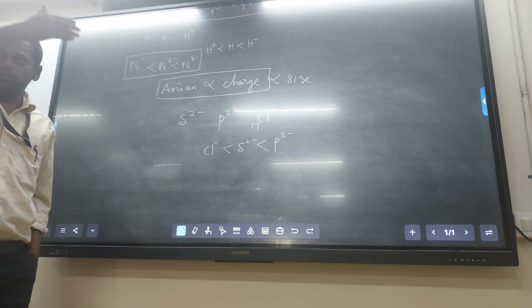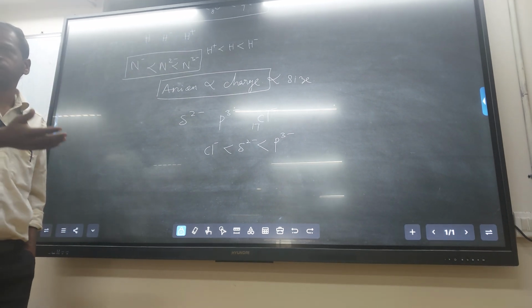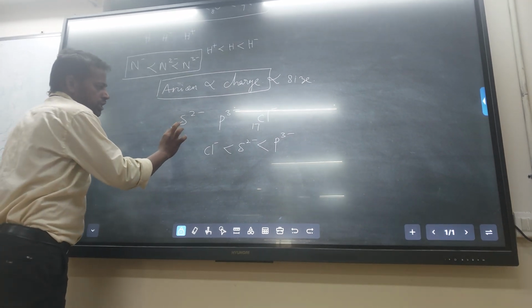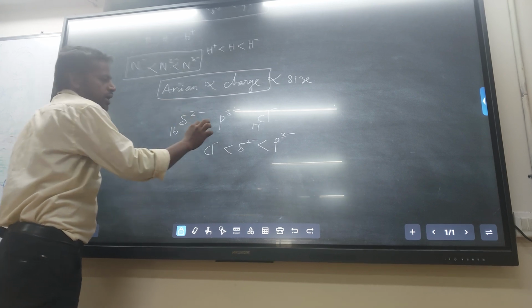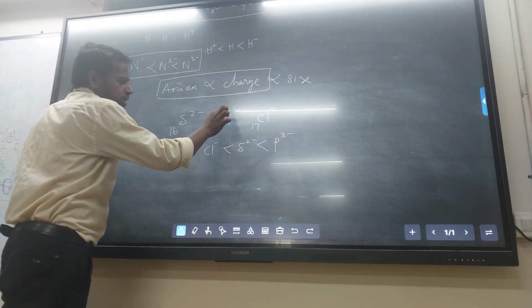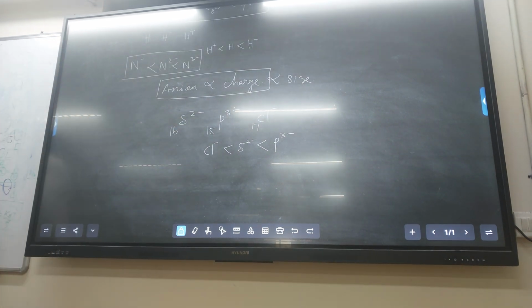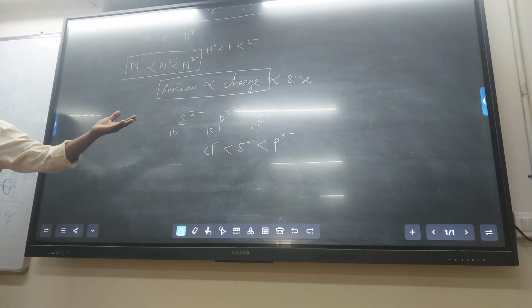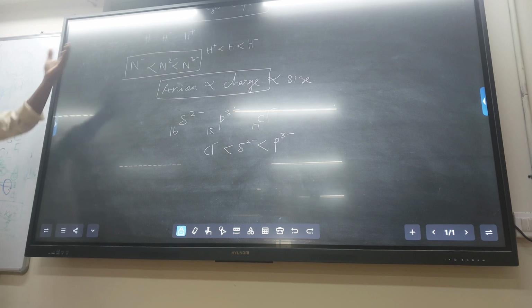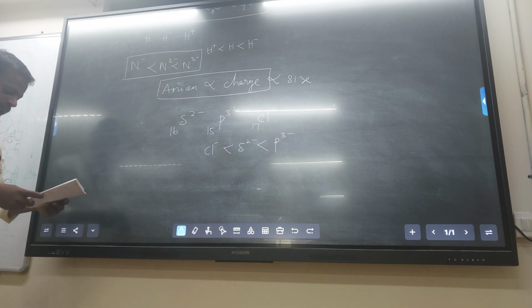Sulfur is in the oxygen family, so 16 electrons, 16 plus 2 is 18 electrons. Phosphorus is in the nitrogen family, 15 electrons, 15 plus 3 is 18 electrons. So these are isoelectronic species. What is the concept? The size is inversely proportional to the atomic number.